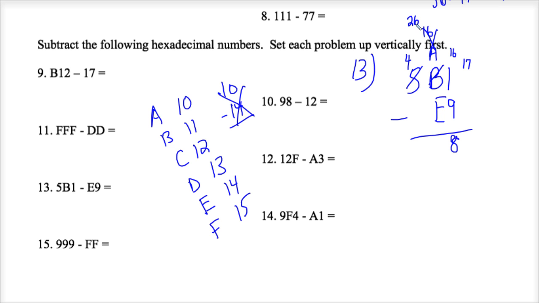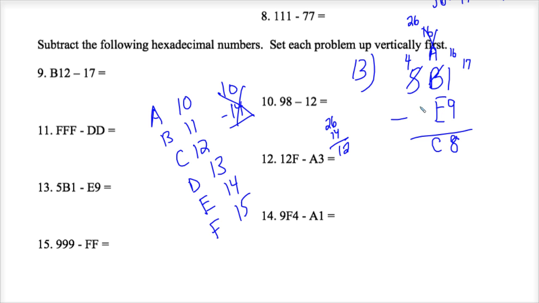And that 26 minus E, which is really 14, you can probably do this in your head. 26 minus 14 is 12. So you want to write a 12 here, but you can't. You remember that 12 on the cheat sheet is the letter C, and that's what you write down here in your final answer.